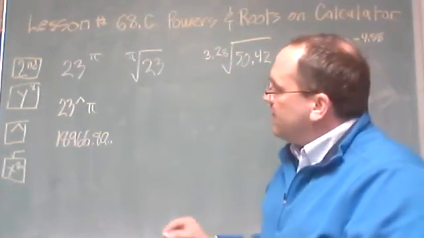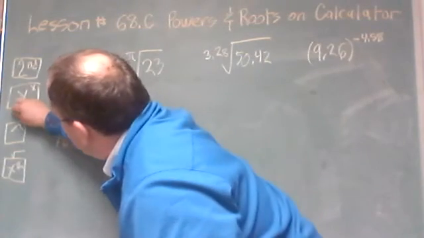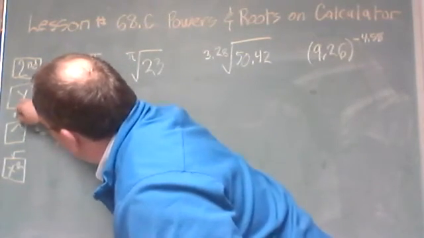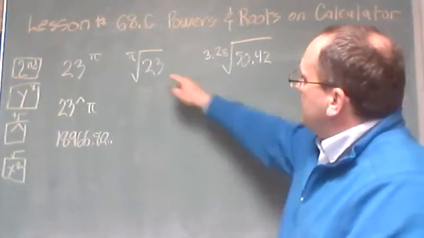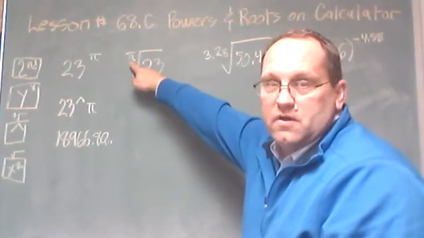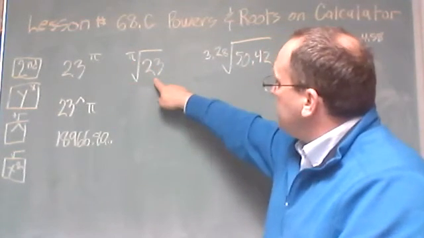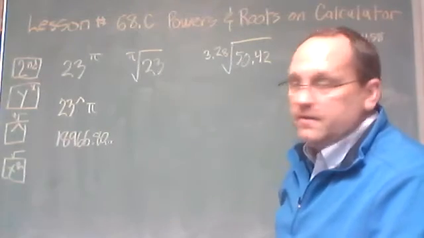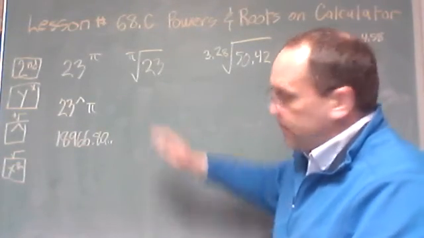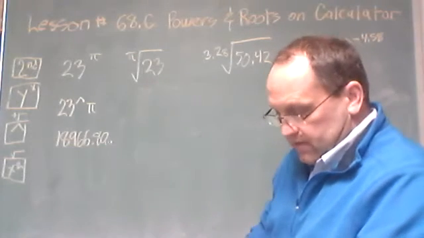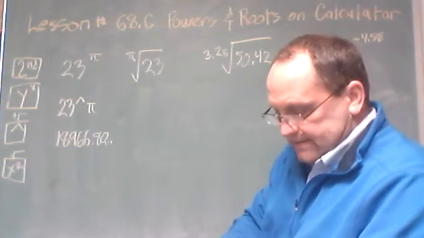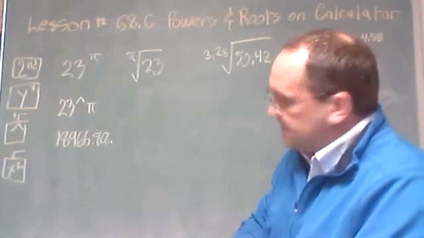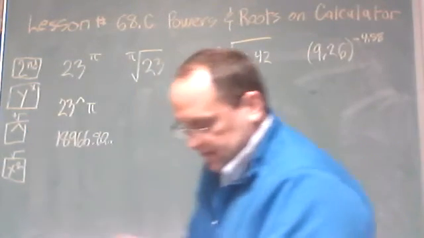The secondary button on that has an X and then a square root symbol, which the X stands for the root, and the square root symbol represents the number under that symbol. So in other words, to do this problem, I go to my secondary function and I hit that caret button to give me that secondary function.